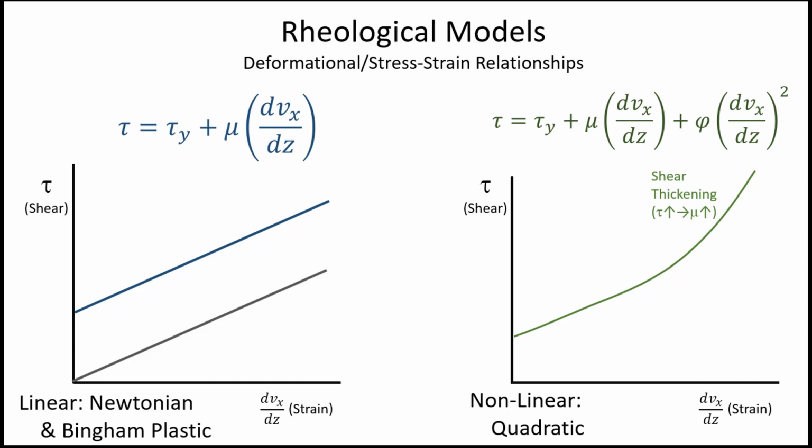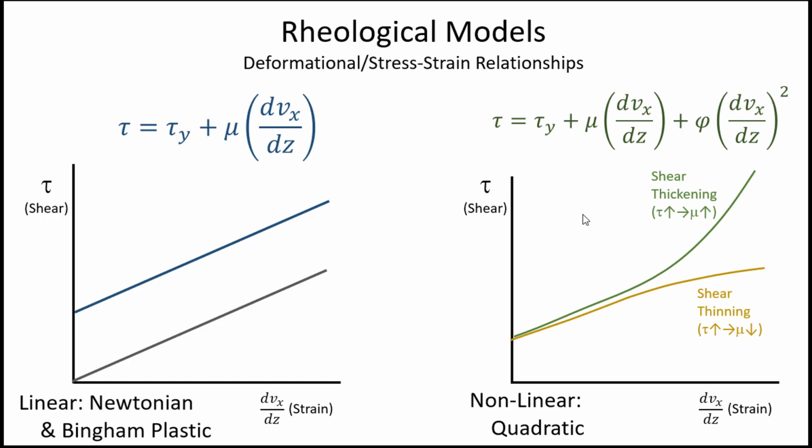And so it becomes harder to strain the material as you apply stress. Or it can be shear thinning, and so it becomes easier to deform the material as you apply stress. These nonlinear models are other ways to model these flows, and we have these in RAS.